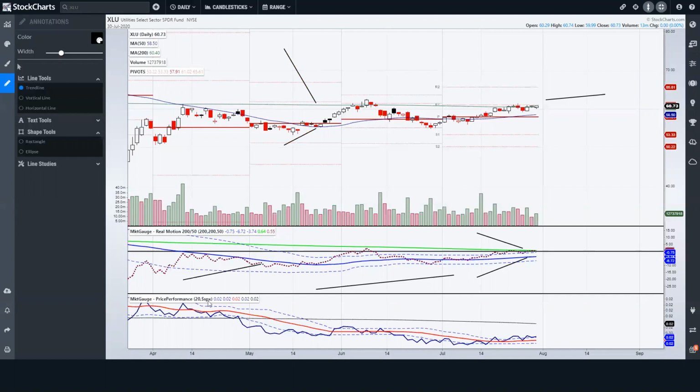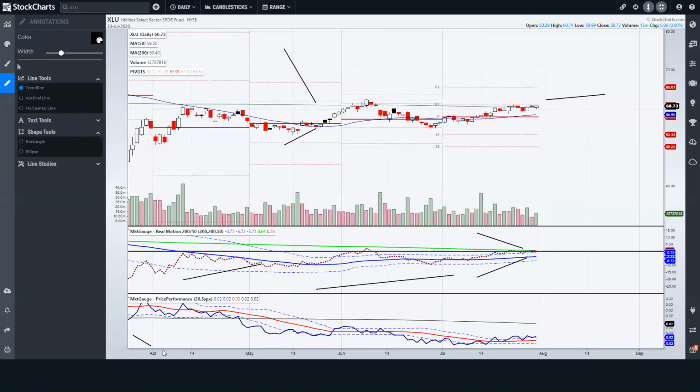The next thing that I like to use is understanding relative price performance. So basically, it's looking at one instrument versus another. Today, we're going to compare a whole bunch of instruments against the S&P, which is our core benchmark index.